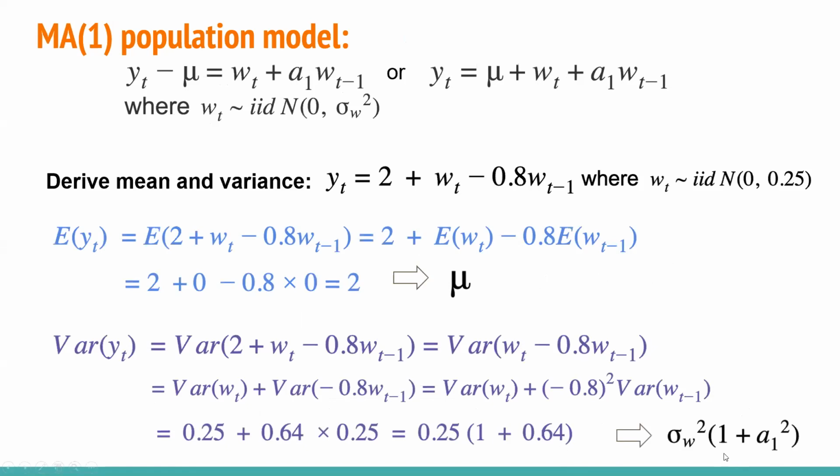Is there anyone who does not understand the way I figured this out? Is there anyone? Okay, I'm going to read my chat right now. Somebody said the variance is the same because of weak stationarity. Yeah, that was the assumption. So you are right, that was the assumption that we cited.